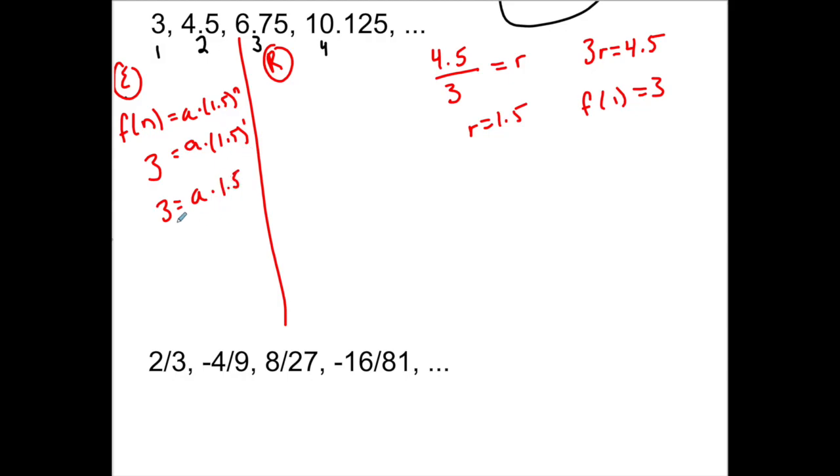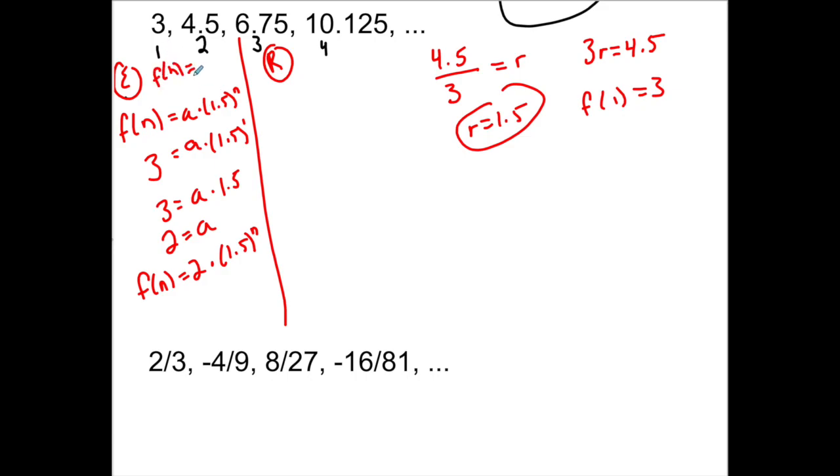Okay, and then I divide by 1.5 to get a alone, and 3 divided by 1.5 is 2. So my final function is f of n equals 2 times 1.5 to the n. So again, the process is you first find your ratio. You plug your ratio in, because the function's always going to be like this.